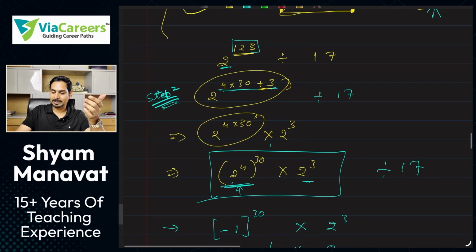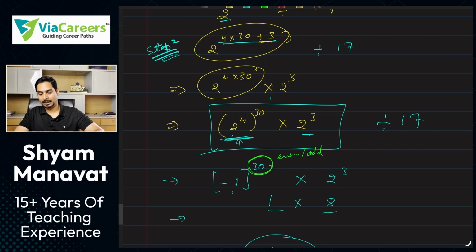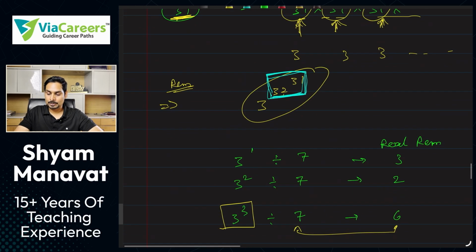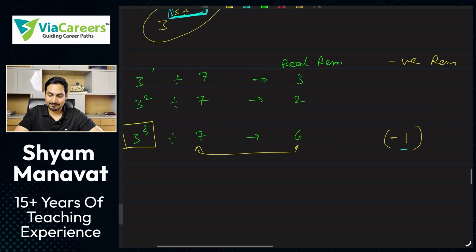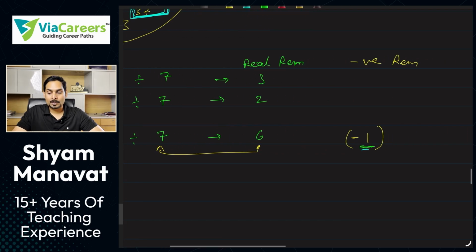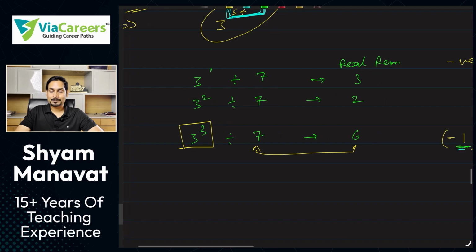Here, if the remainder is minus 1, it is very important for us to understand whether this number is an even number or an odd number. So I can't simply say that we don't care about the quotient when we have the negative remainder. We do care about it, and we need to say whether that is even or odd.